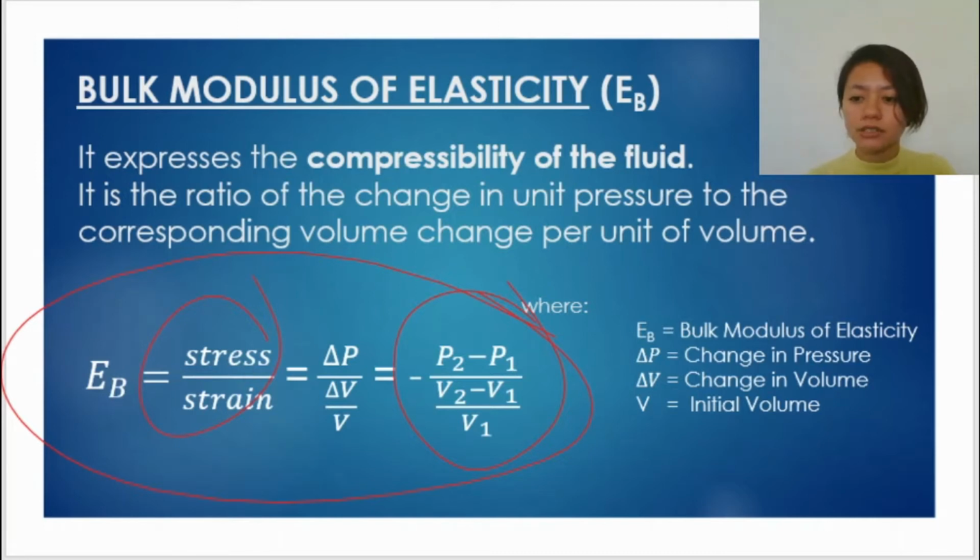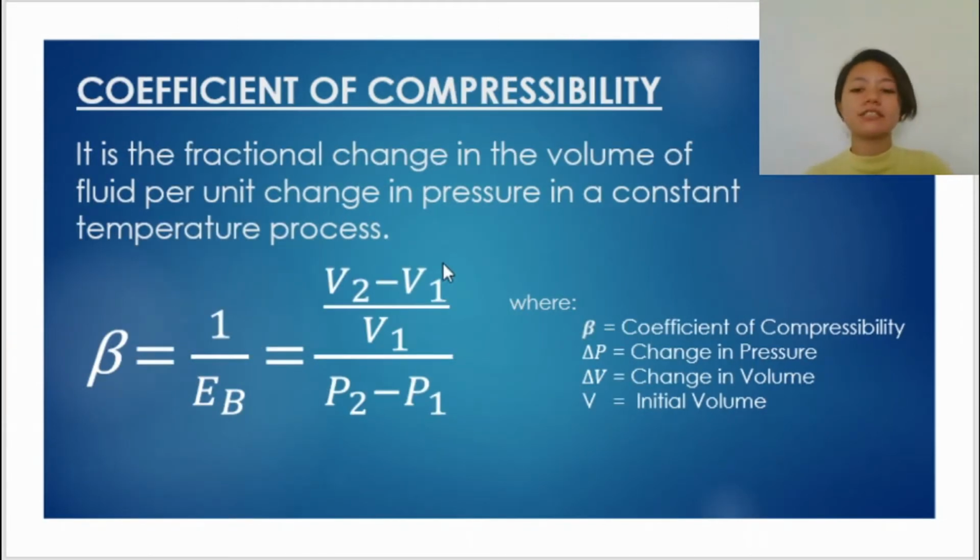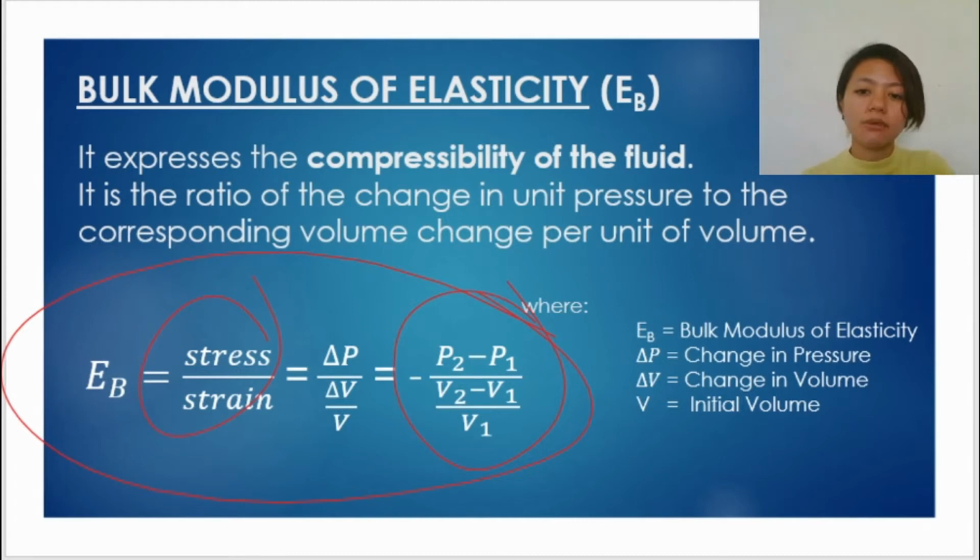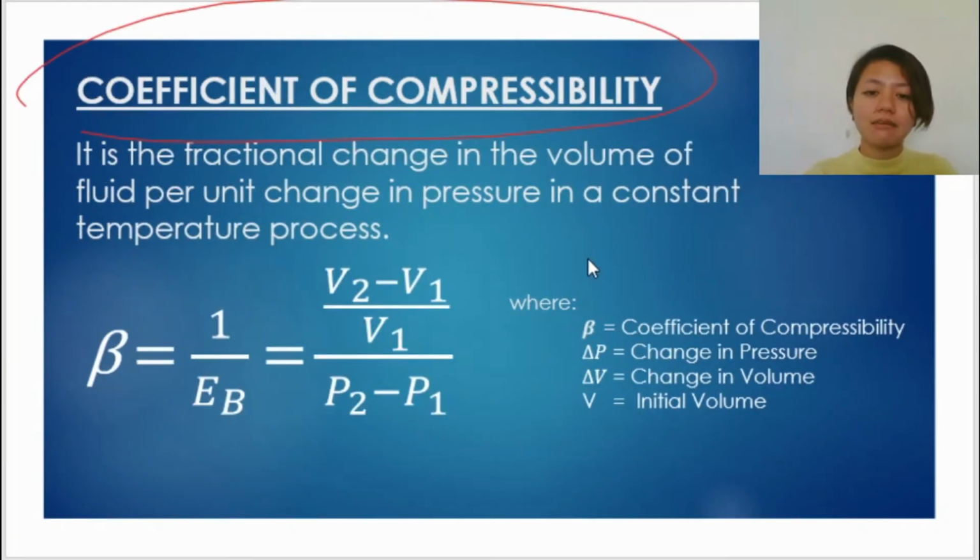So next, we have here the coefficient of compressibility. It is the fractional change in the volume of the fluid per unit change in pressure in a constant temperature process. So, the coefficient of compressibility is connected to the bulk modulus of elasticity. The modulus of elasticity expresses how compressible the fluid is. Then the coefficient of compressibility is the fractional change in volume of the fluid per unit change in pressure.